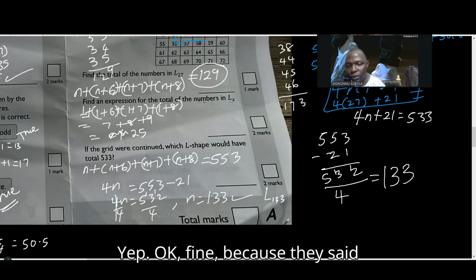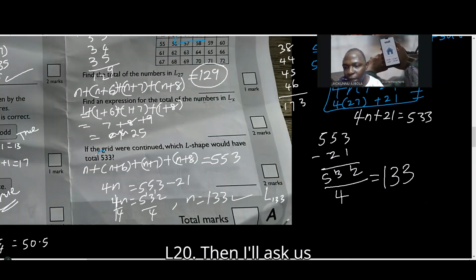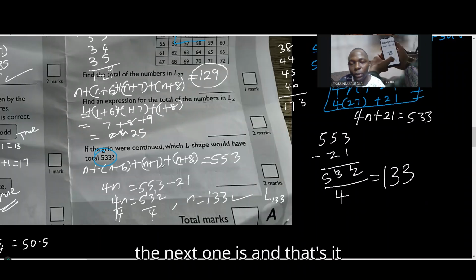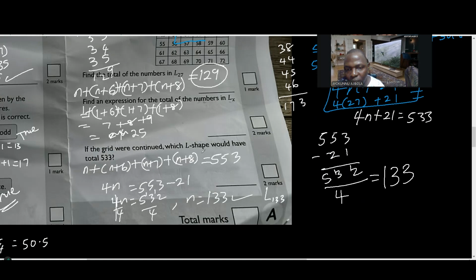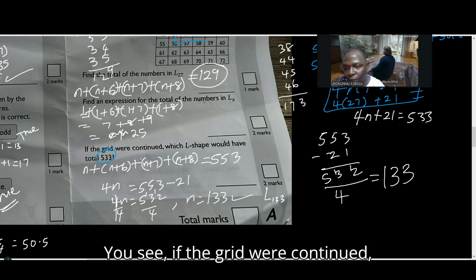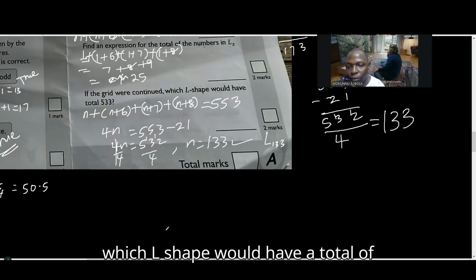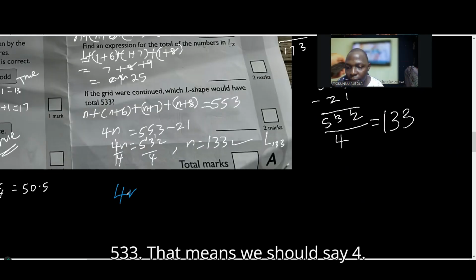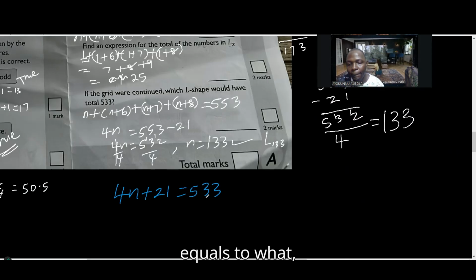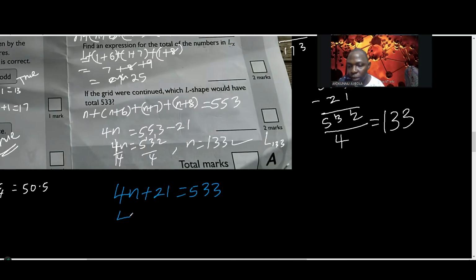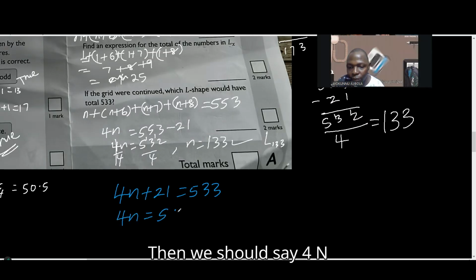They now ask us the next one. For 533, what L will it be? We say if the grid were continued, which L shape would have a total of 533? That means we should say 4n plus 21 equals 533, right? Then 4n equals 533 minus 21.